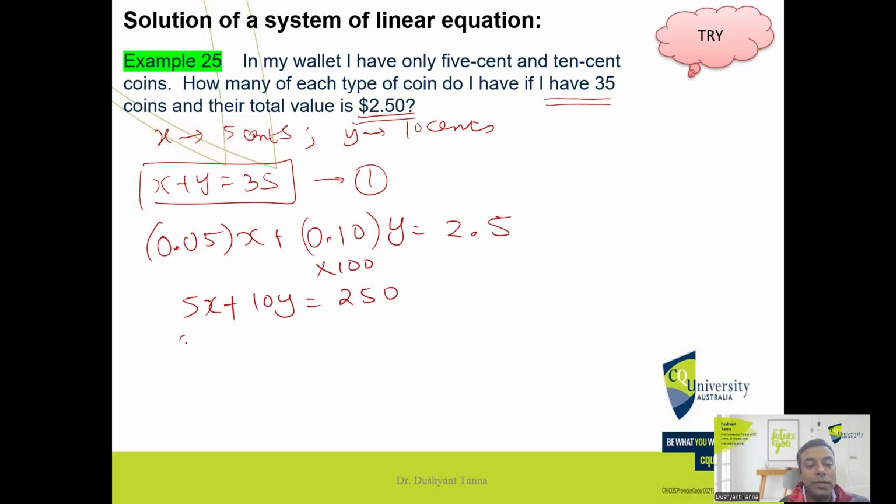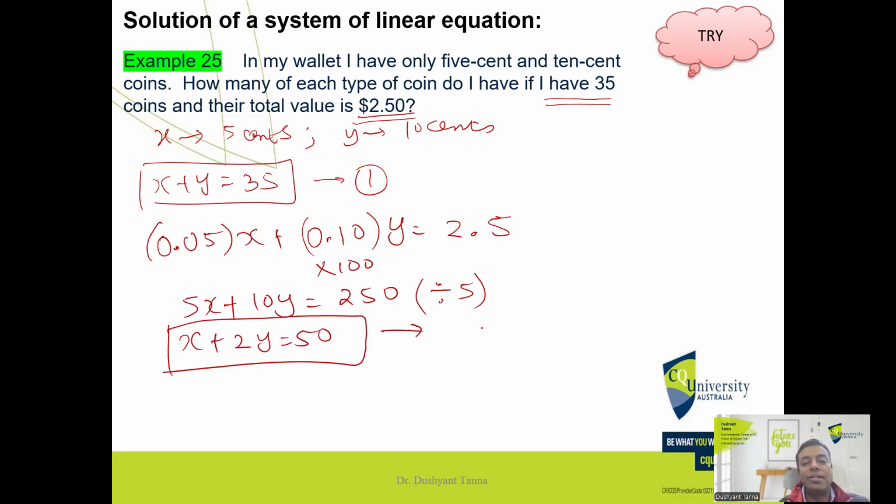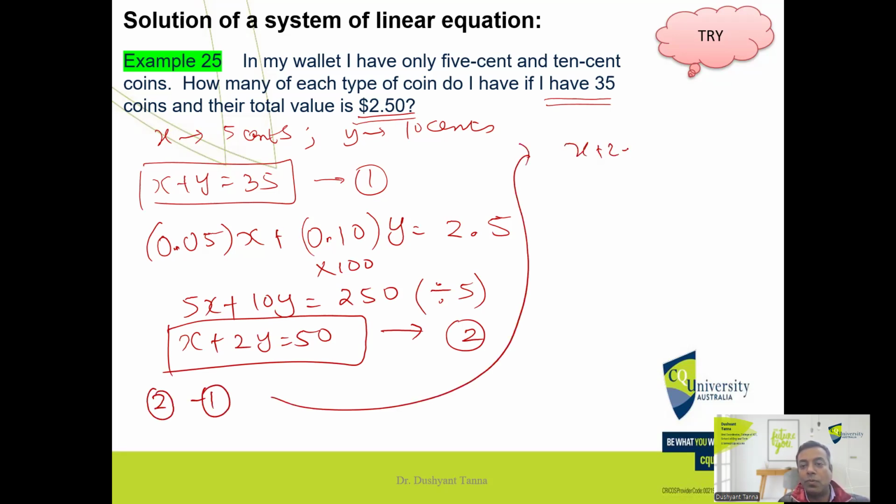If you want, you could divide by 5. I love that. You make the equation smaller. Why? No more multiplication, a simple, easy equation. Subtraction can be done very easily. I'll go 2 minus 1. And therefore, X plus 2Y minus X plus Y is 50 minus 35. My Y is 15.